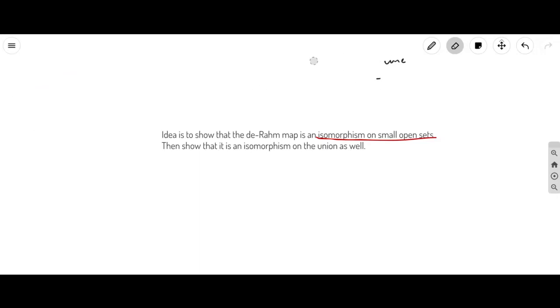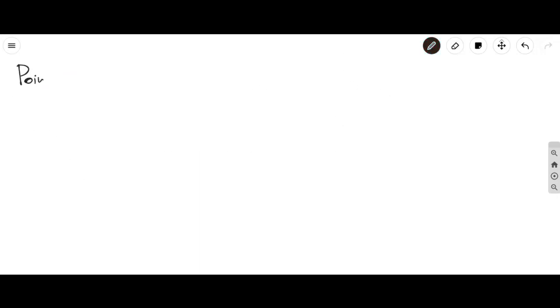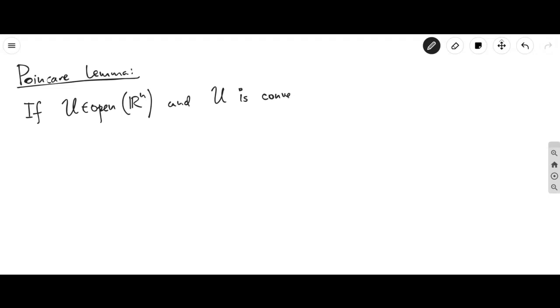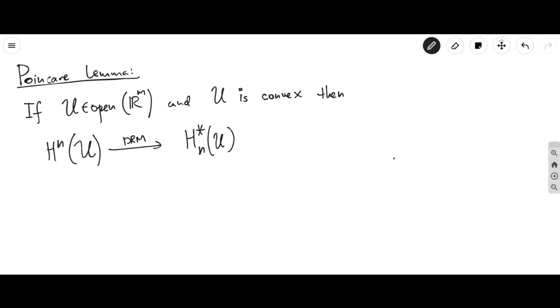This is what I want to get to, and it is called the Poincaré lemma. The Poincaré lemma says that if U is an open subset of R^n, and U is convex, then the de Rham map, from the n-dimensional cohomology of U to the dual of the cohomology of U, is an isomorphism. The de Rham map is an isomorphism.